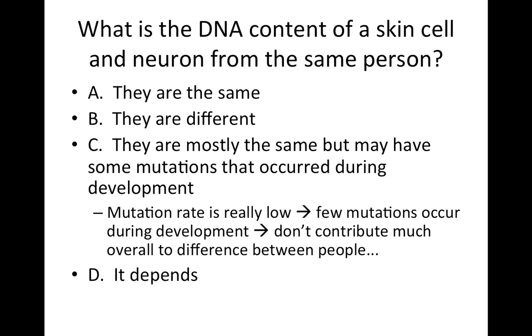It's probably going to be due to mutations that are in all our cells that I inherited from my parents. So most genetic differences between you and me are inherited differences, not these rare developmental mutations. And so consequently, when we talk about DNA content for a skin cell and a neuron from the same person, we want to emphasize that they're essentially the same.